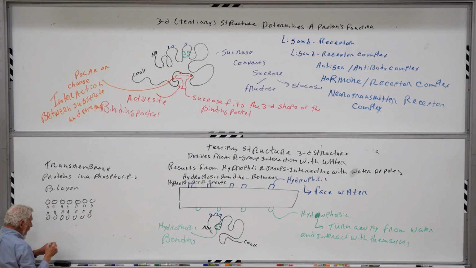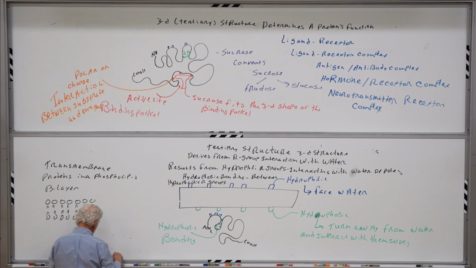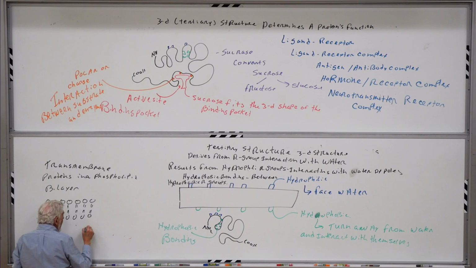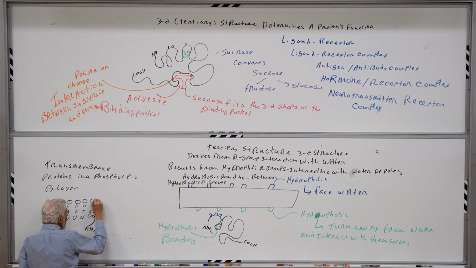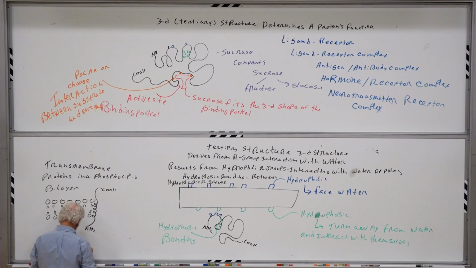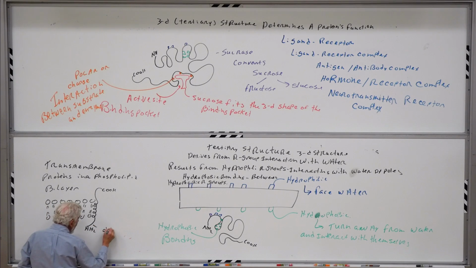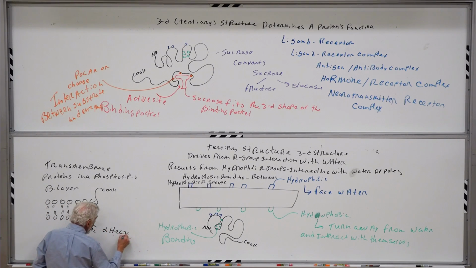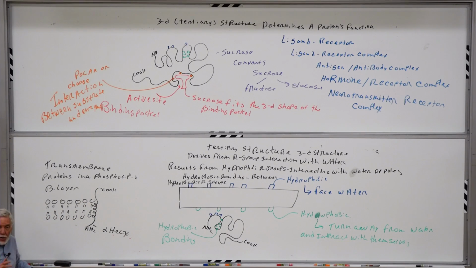Now we have to think about how we're going to thread a protein across that phospholipid bilayer. We're going to make this the amino terminus. This protein is now going to go across the phospholipid bilayer and out into the extracellular space, so that this is now the carboxy terminus. This alpha helix is the same as the alpha helix we started out with.